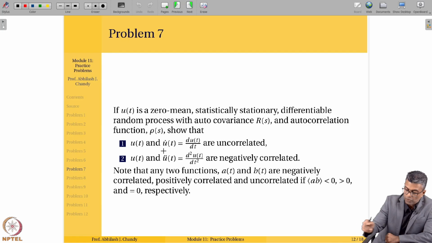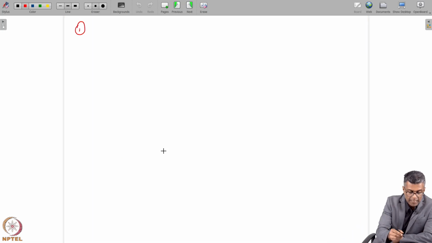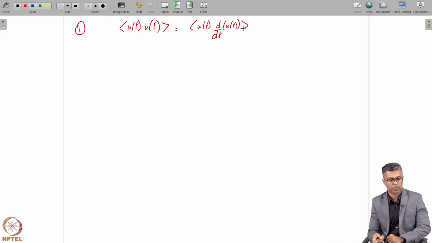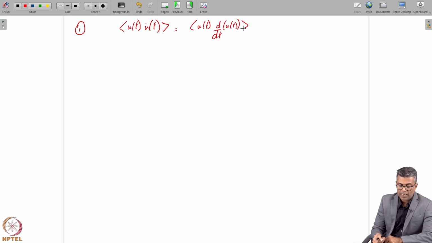So that would be the covariance of u(t) multiplied by u dot of t, which is the same as u(t) times d/dt of u(t), covariance, isn't it? Now here, let's see what happens.